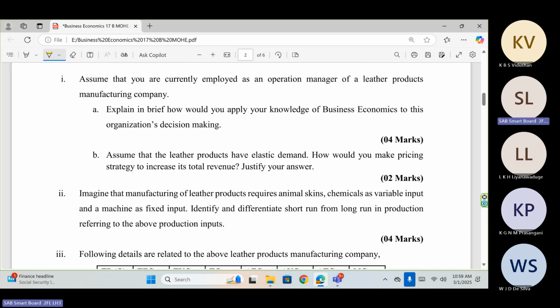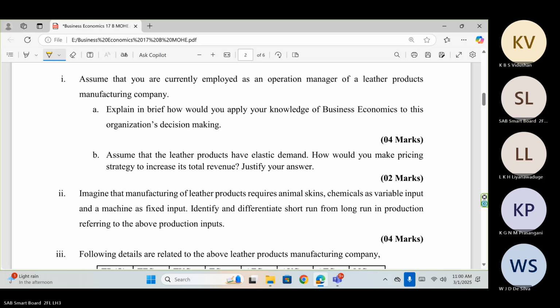After reaching the maximum capacity of this business, there will be a requirement to increase fixed input, to install another machine, because in the short run capacity has exceeded. Then when these fixed inputs have been changed, these companies move into long run production. That's it.